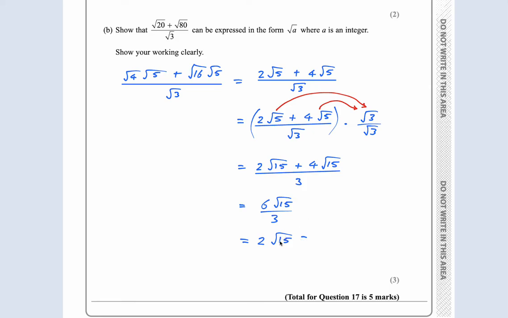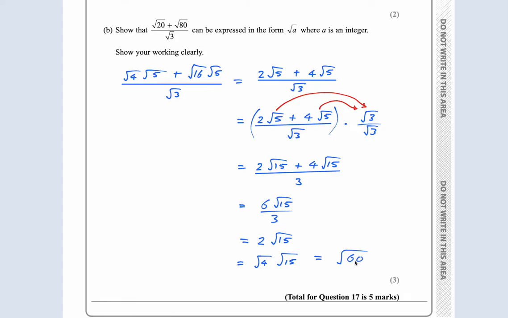I'm going to change this to, instead of writing 2 root 15, I'm going to write root 4 root 15. Now, how did I do that? Well, the square root of 4 is 2. So these two things are the same thing. Why did I do that? Well, the reason I did that is because now I can just multiply these two together and it gives me root 60.